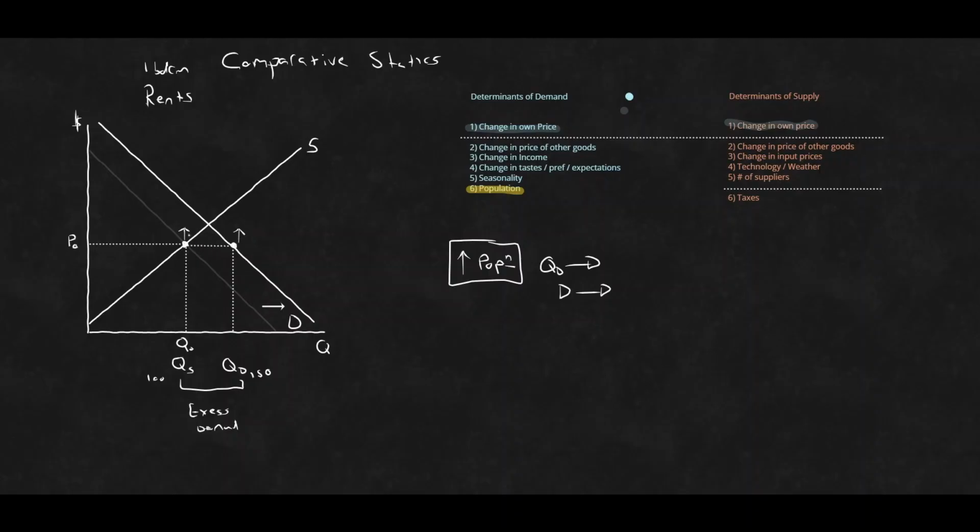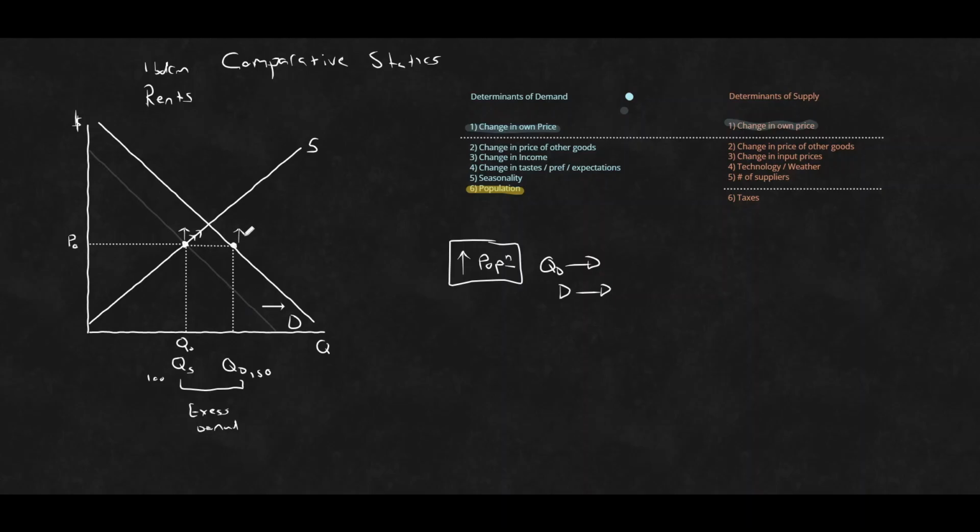Similarly, some people start to see this higher price that is being offered, and they go, wow, people are able to rent out one bedroom for that price. I have a bedroom that's just sitting empty. Maybe I'm now willing to supply this extra one bedroom to the market at this higher price.